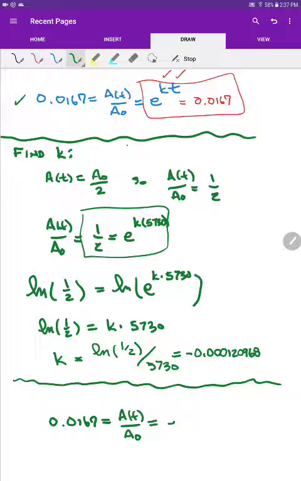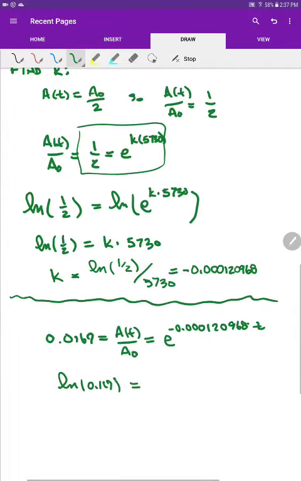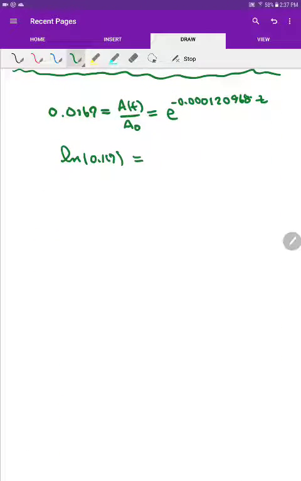And this is going to equal e to the minus 0.000120968 times t. Now instead of looking for k up here, we're looking for t. We can do the same thing. Natural log of 0.0167 equals minus 0.000120968 times t.